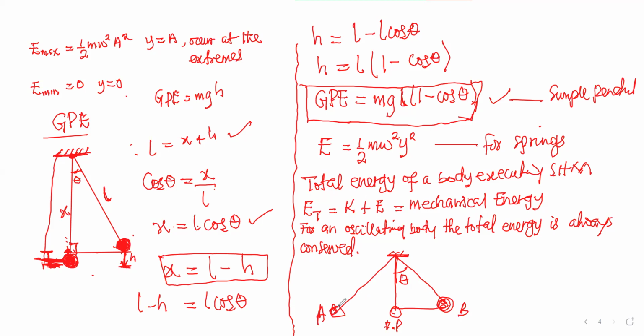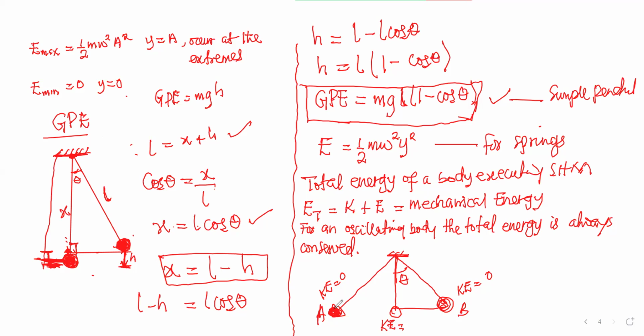At point A, this is one extreme. So kinetic energy must be 0 here. So KE at the extreme is equal to 0. At the mean point, what will be the value of KE?